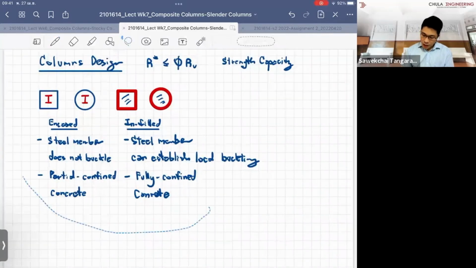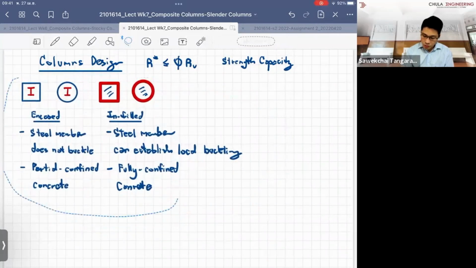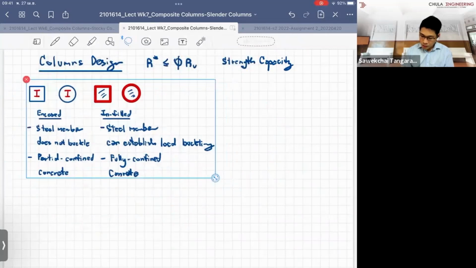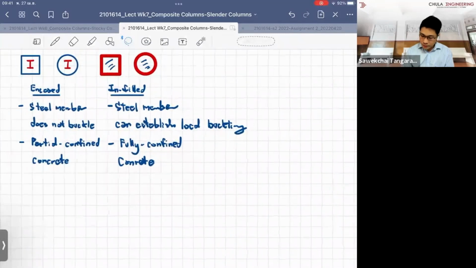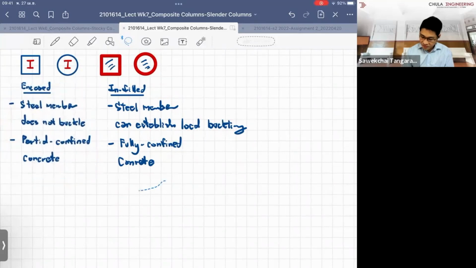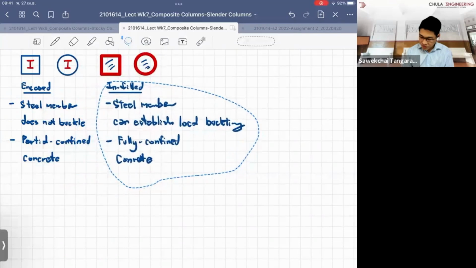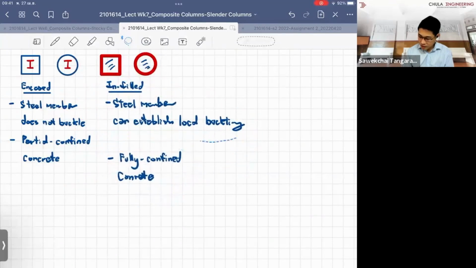So we have two types of composite column, and these have been most popularly used in the industry and in our structural designs. They offer different benefits, so let me try to rearrange that.